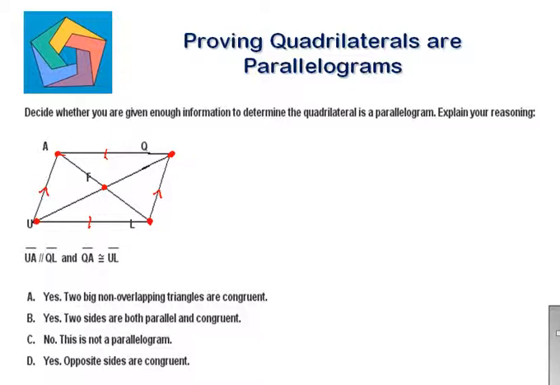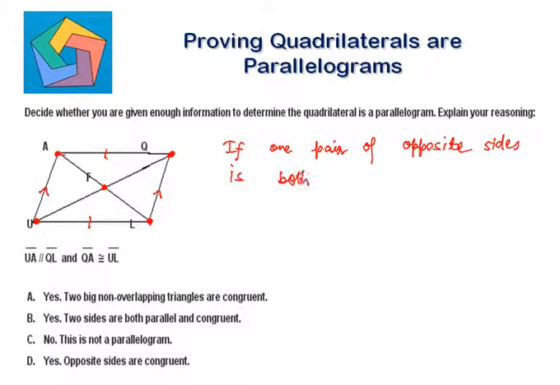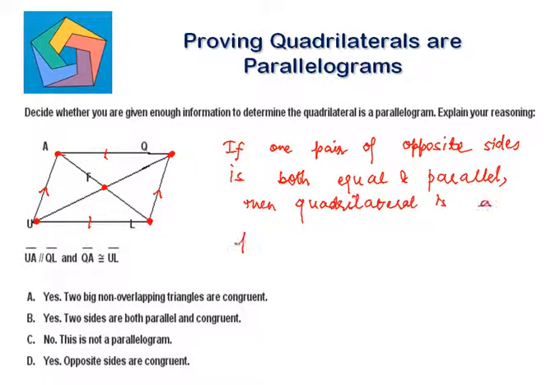Now in a quadrilateral, if one pair of opposite sides is both equal and parallel, then the quadrilateral is a parallelogram.